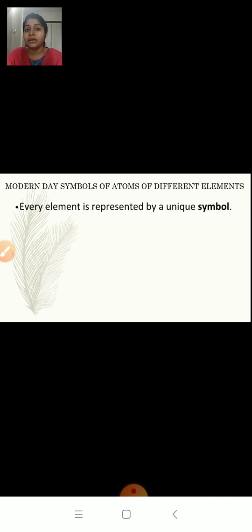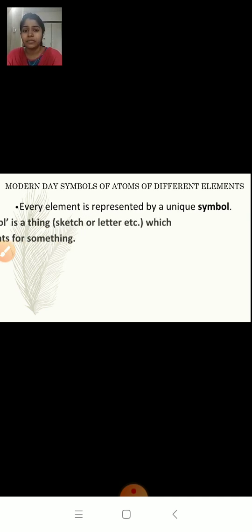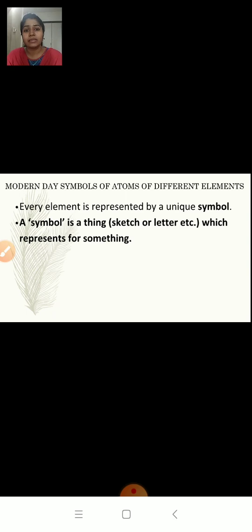Now what is the meaning of symbol? A symbol is a thing, and this thing can be a sketch or letter. A symbol is a thing which represents or stands for something. It can be in the form of letter or sketch.